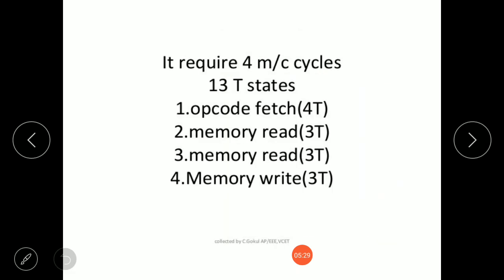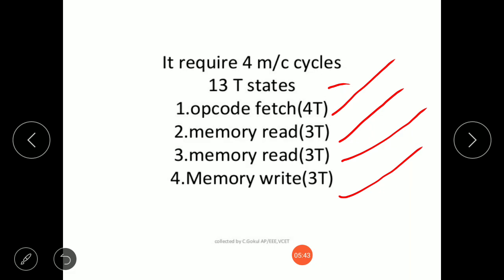These are the four machine cycles. First is opcode fetch, second is memory read for the lower byte of the address, third is memory read for the higher byte of the address, and fourth is memory write, writing the content of the accumulator into the mentioned address.